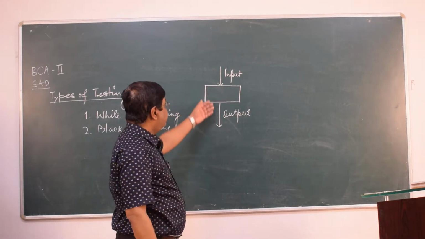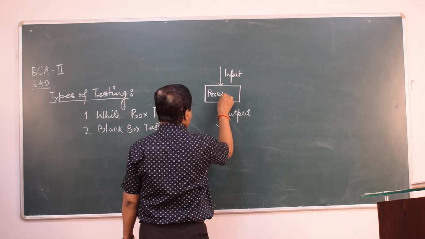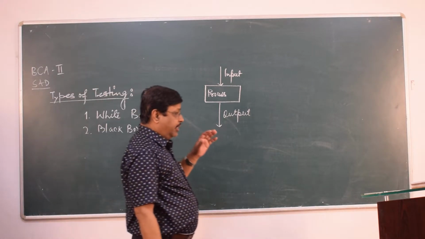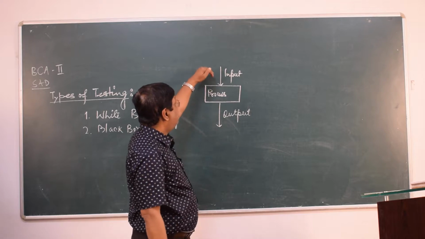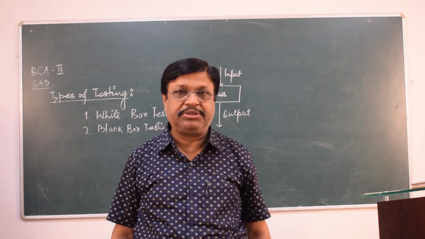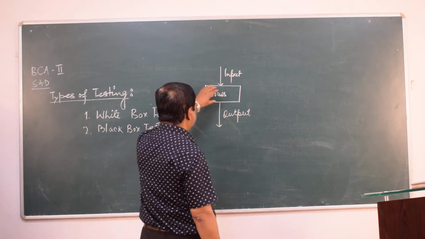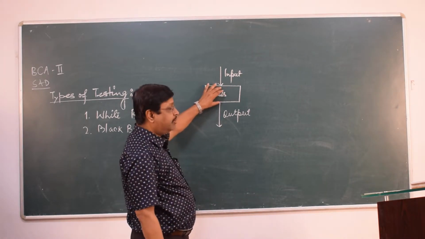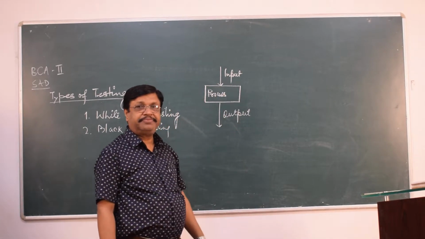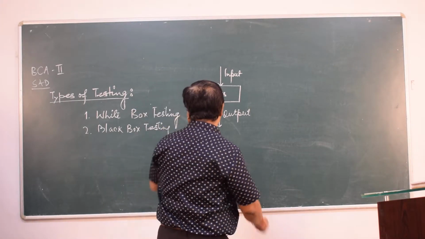Say this is a program, a process. If we test what is the input and what is the output, that's all. We don't test what is the process. We are not concerned at all with the process. We check whether the output is as per input of the program. This type of testing is known as black box testing.